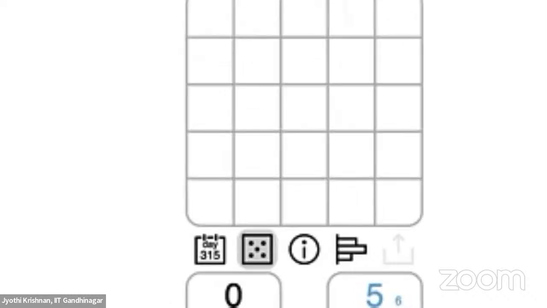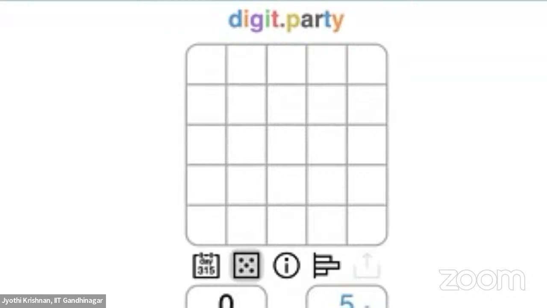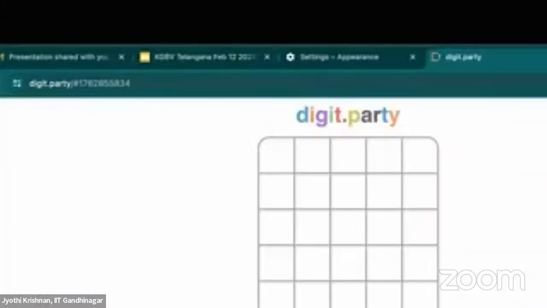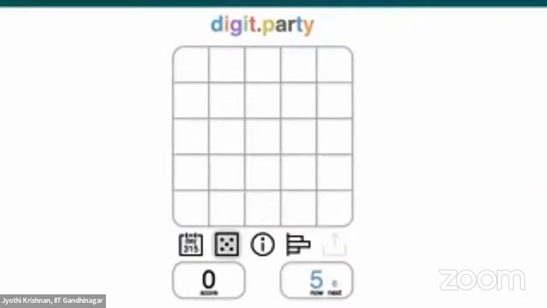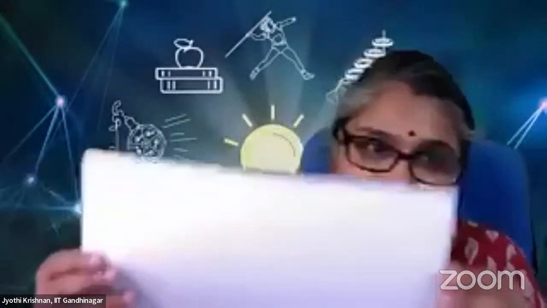Okay, so now what we're going to do is, we're going to play a game together. So take a paper, make a 5 by 5 grid and hold it up.